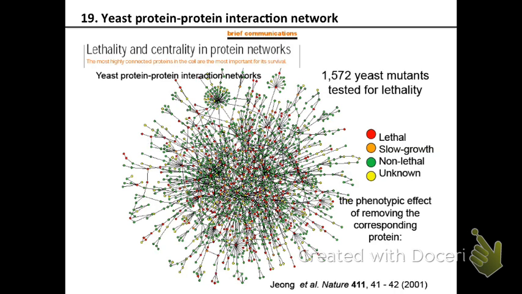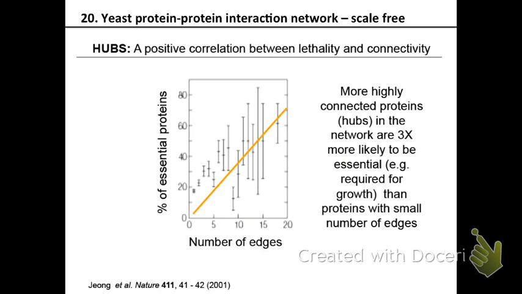And they asked, okay, we know that in scale-free networks, an attack on the hub is lethal, right? So they hypothesized that if a gene that's highly connected is knocked out, the chances of that knockout showing lethality or slow growth should be higher. If a gene is more connected, knocking out that gene is going to have a higher effect. Now that they had this network, they could test that hypothesis, right?